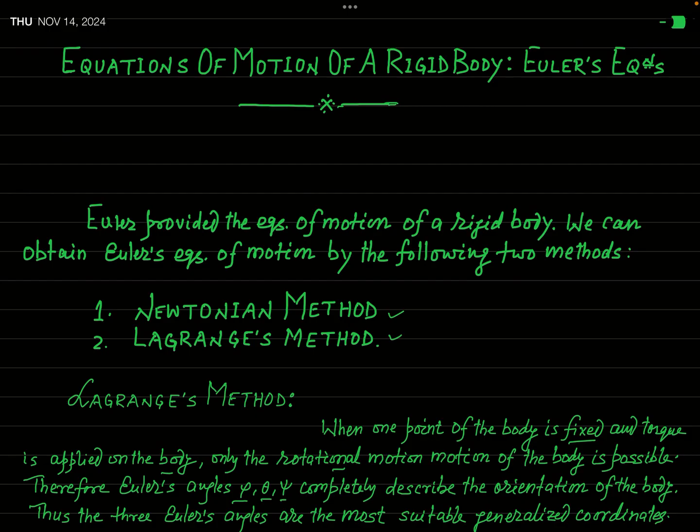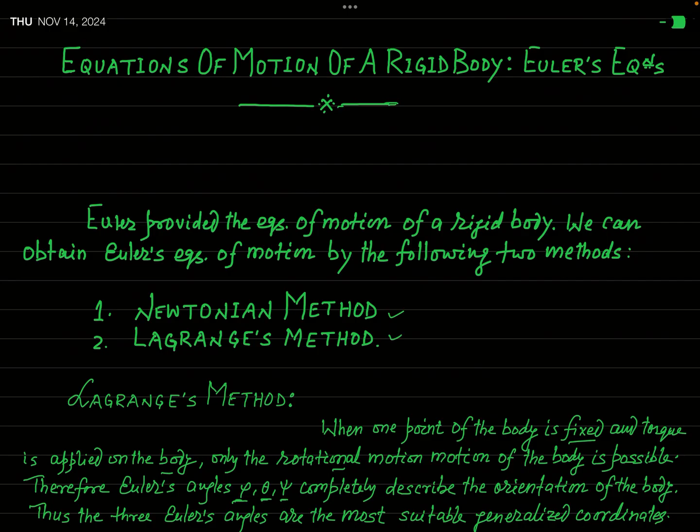Therefore, in this discussion, we have to select the generalized coordinates. What will be the most suitable and convenient generalized coordinates in this case? Definitely, the three Euler's angles phi, theta and psi will be the most suitable set, because we are considering the situation when the rigid body is in rotational motion only under a torque.